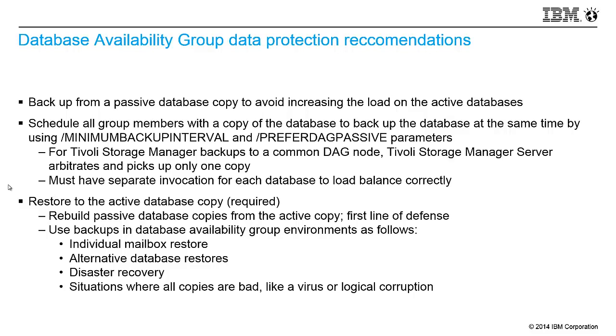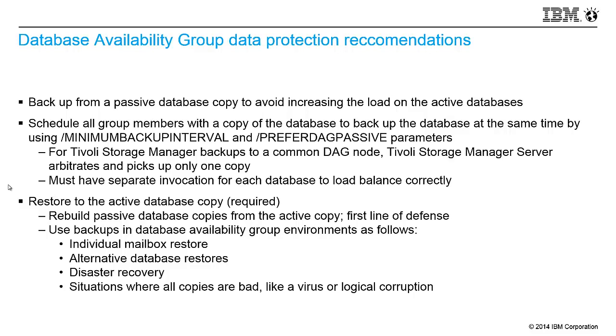Preferred DAG passive essentially tells FlashCopy Manager and TSM for Mail to, if you have a good passive copy, pick up that passive copy as opposed to the active copy. And if you don't have a good passive copy, then go ahead and pick up the active copy when doing your VSS snapshot.